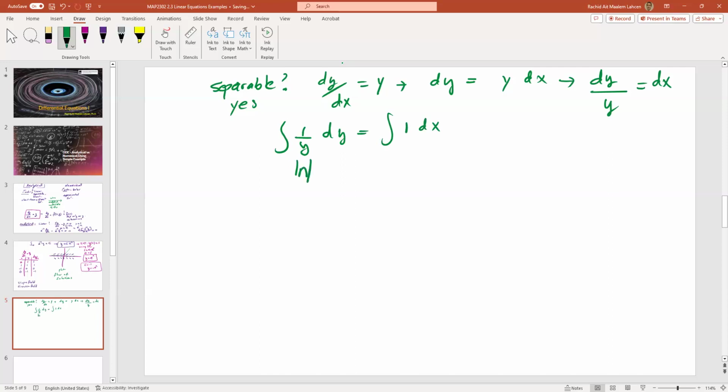That's natural log of the absolute value of y, and that's x plus some c there. Take the exponential to both sides. Then we get this, and you've done this a couple of times now. Then we need to get this y out. It's going to be, let's call this c1. So, right, some constant.